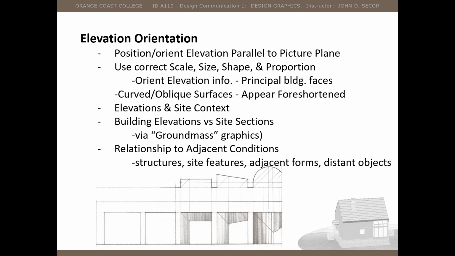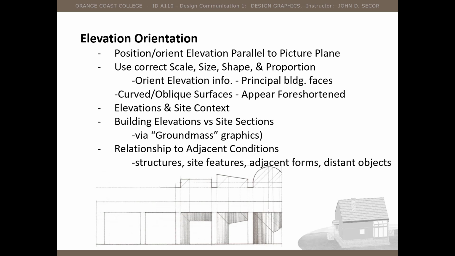The elevation has some important aspects to consider when we're thinking about how we orient our viewer to it. So the position and orientation become important. As I mentioned, it is as viewed through a picture plane, so it's important to keep that in mind.